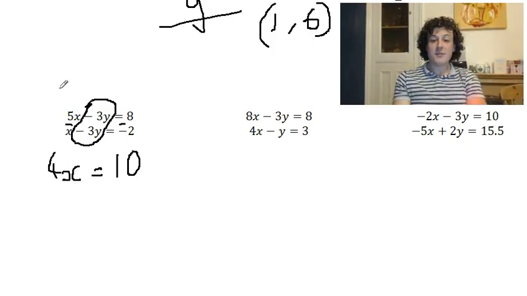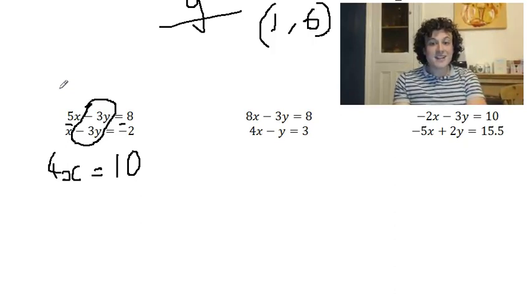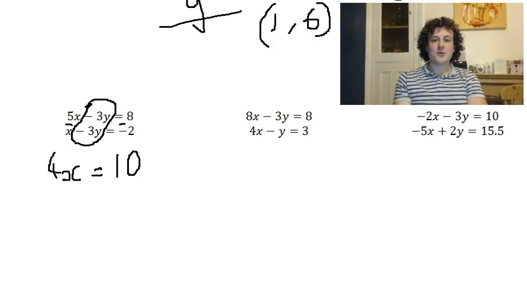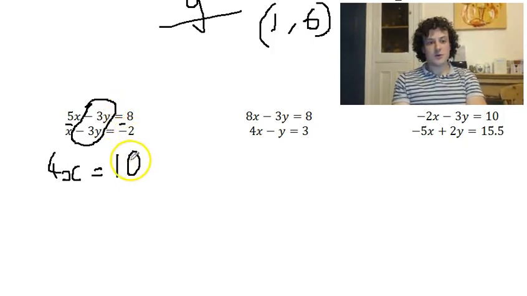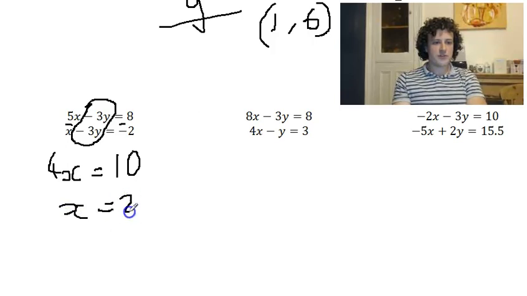They just do 8 minus 2 is 6. It doesn't work, okay? So be very, very careful with those negatives. 8 minus minus 2 gives me 8 plus 2, which is 10, so x is therefore 2.5.